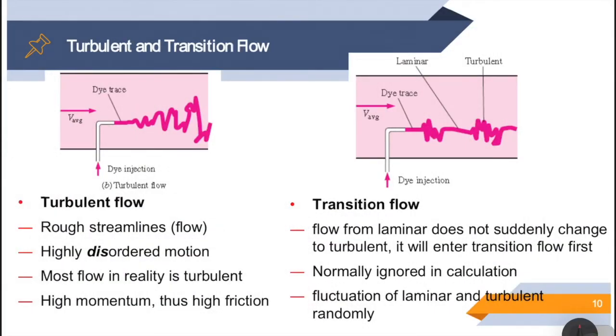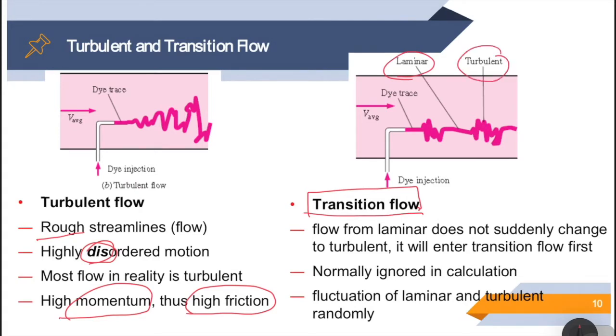Likewise, turbulent flow is characterized by rough streamlines and highly disordered motion. Most flows in reality, such as lakes, the sea, flowing rivers and exhaust, are usually turbulent, and this is due to, as I said earlier, high momentum causing high friction. Whereas transition flow is basically a transition from laminar to turbulent, and usually it is ignored in calculations.